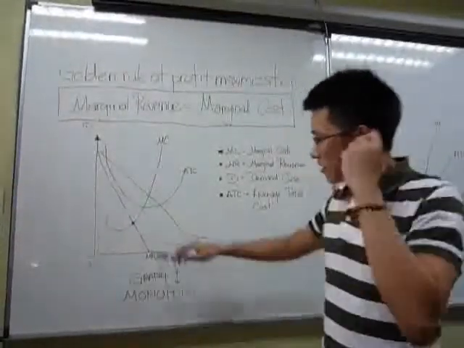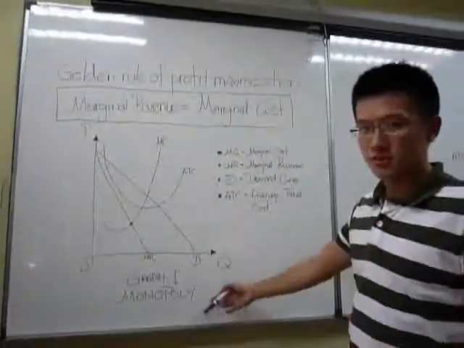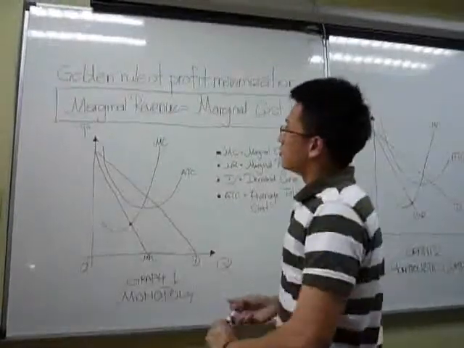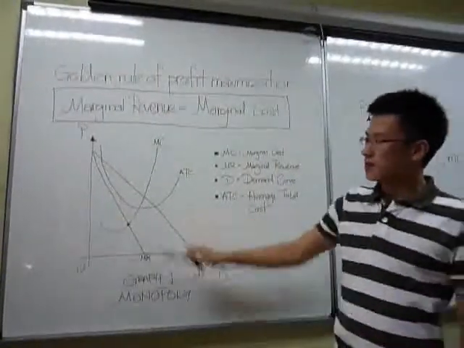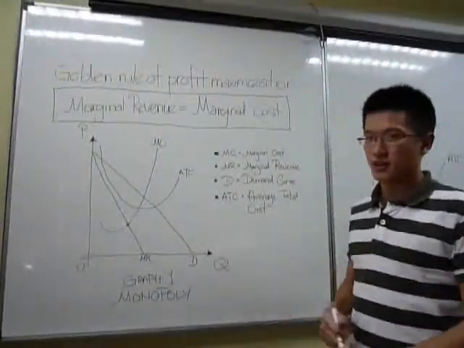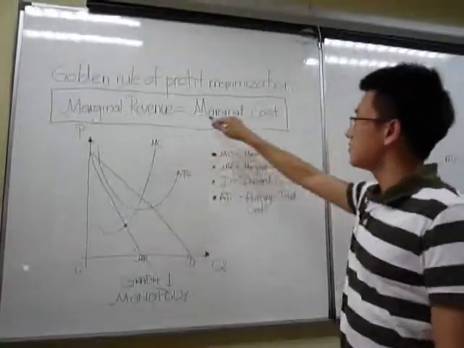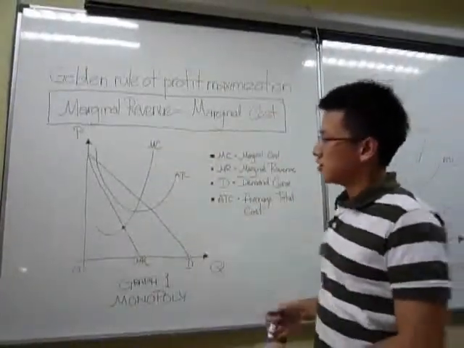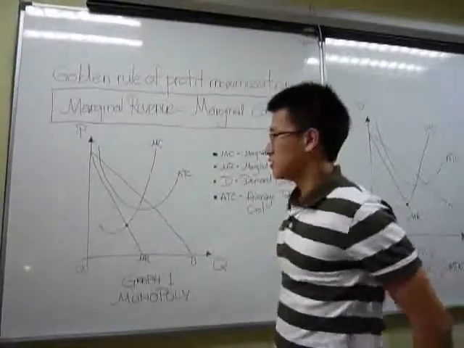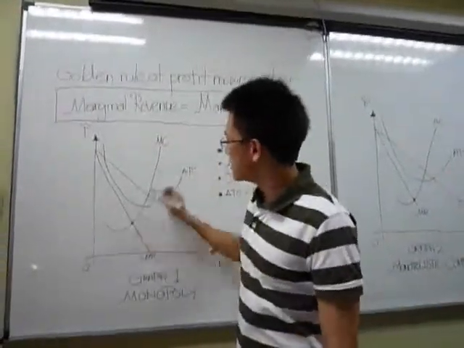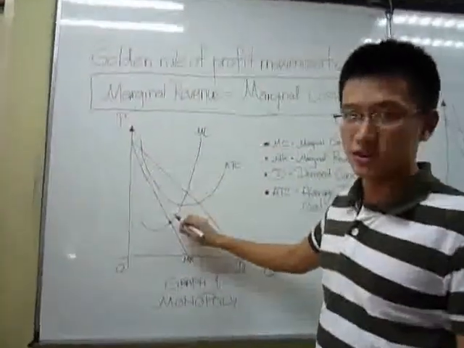So now let's look at the graph. We'll first look at the monopoly graph, where I'll teach you how to maximize profit using the graph. And when you say marginal revenue equals marginal cost, in terms of the graph, you say marginal revenue intersects marginal cost.